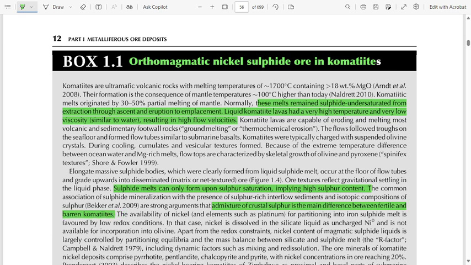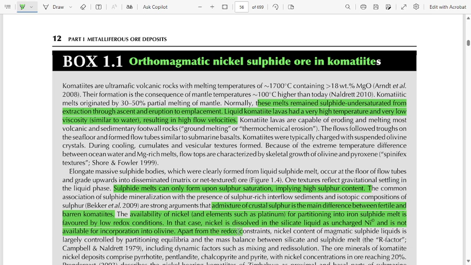The availability of nickel and elements such as platinum for partitioning into sulfide, iron sulfide melt is favored by low redox conditions. In that case, nickel is dissolved in the silicate liquid as NiO, Ni2+ with no charge, and is not available for incorporation into olivine.